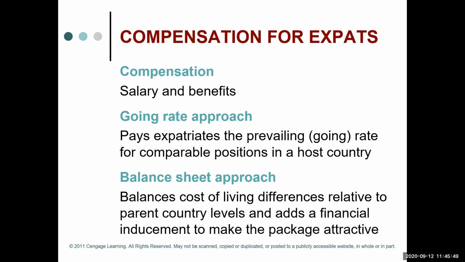Okay. So if you are going from India to US, you might see an increase, but that is not because of a hike or increment. It is because the cost of living has been factored. But if a US person is coming to India, and this is the balance sheet approach, then he might actually see a decrease. Right? So that becomes an unattractive proposition for that person.